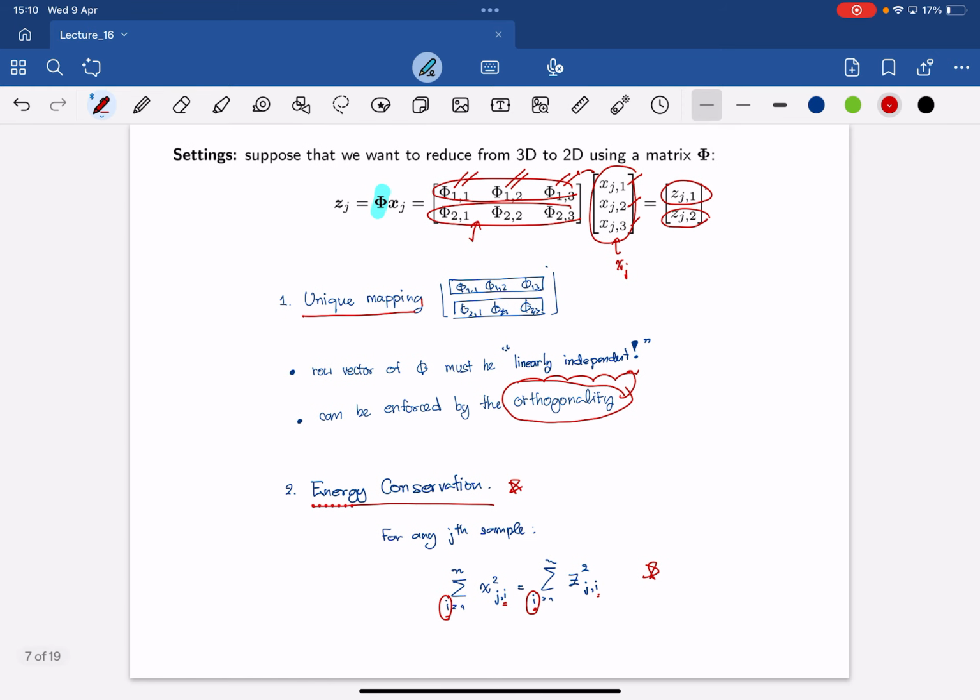So once you made this projection, that was the example in 3 dimensions, but let me give you an example of 2 to 1 dimension. You have a point, x1, x2.